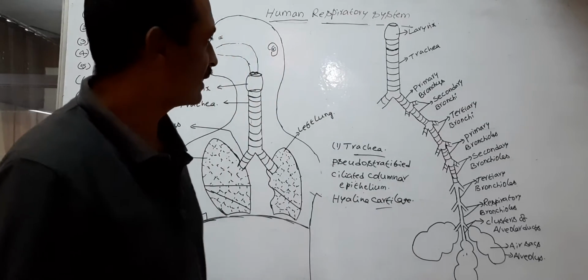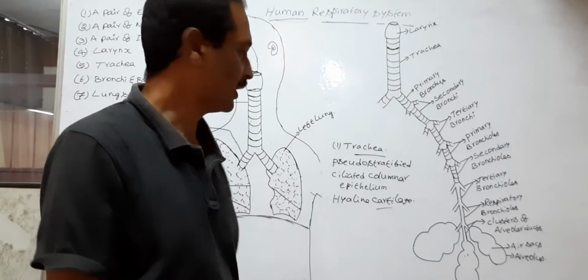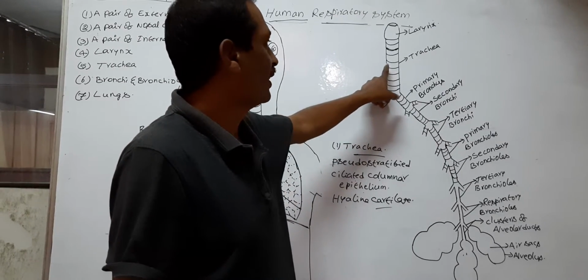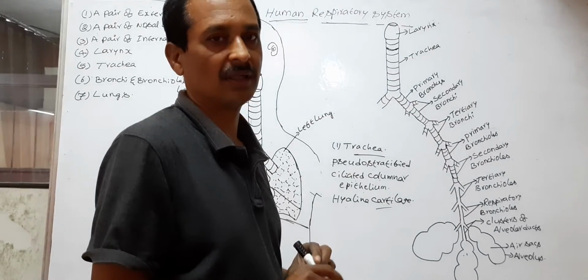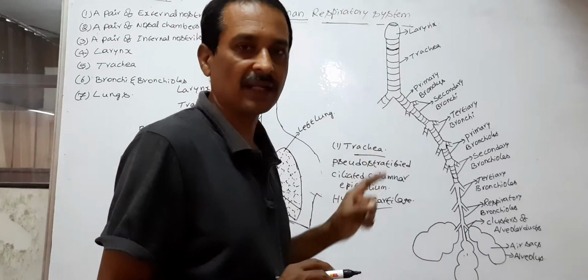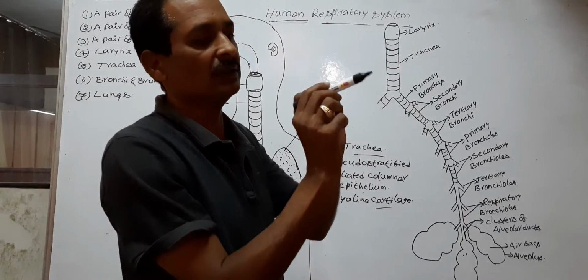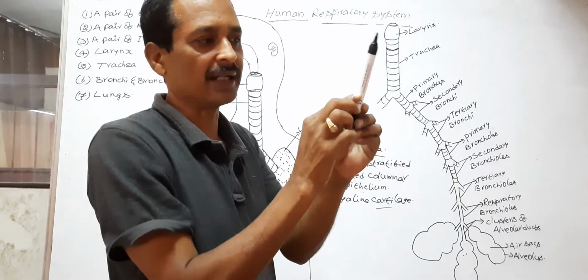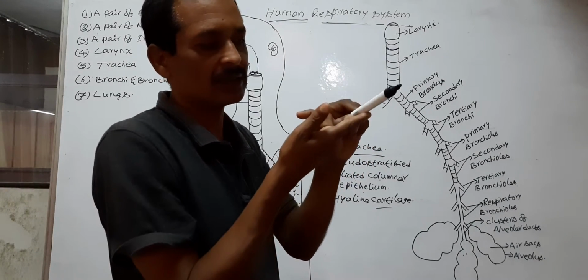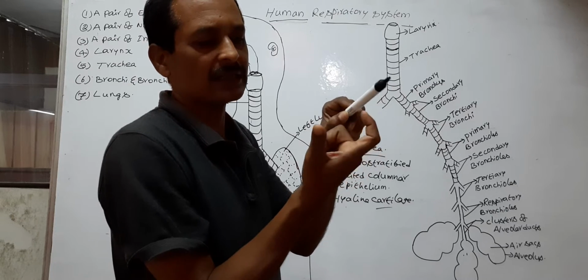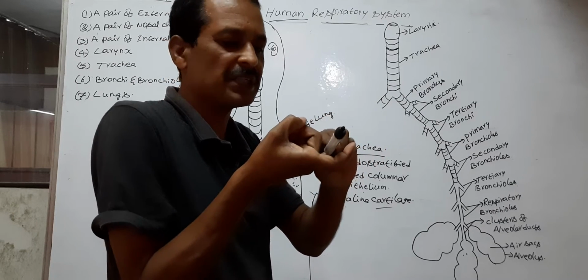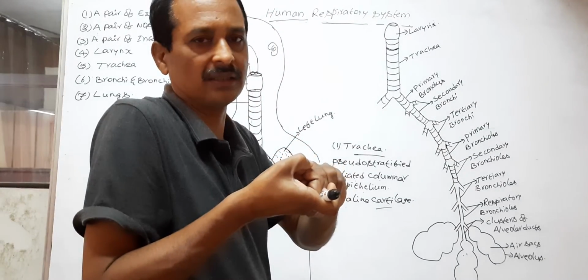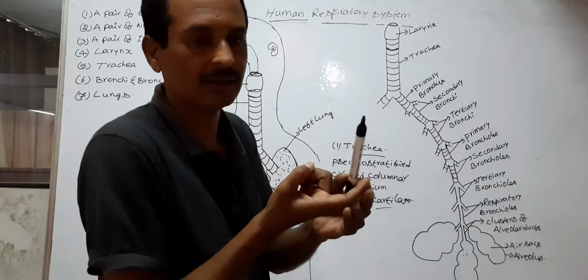What is the function of the C-shaped rings? The C-shaped rings are incomplete on the dorsal side of the trachea. For example, the pen is the trachea. This is dorsal, this is ventral. The rings are C-shaped: incomplete on the dorsal side, complete on the ventral side.